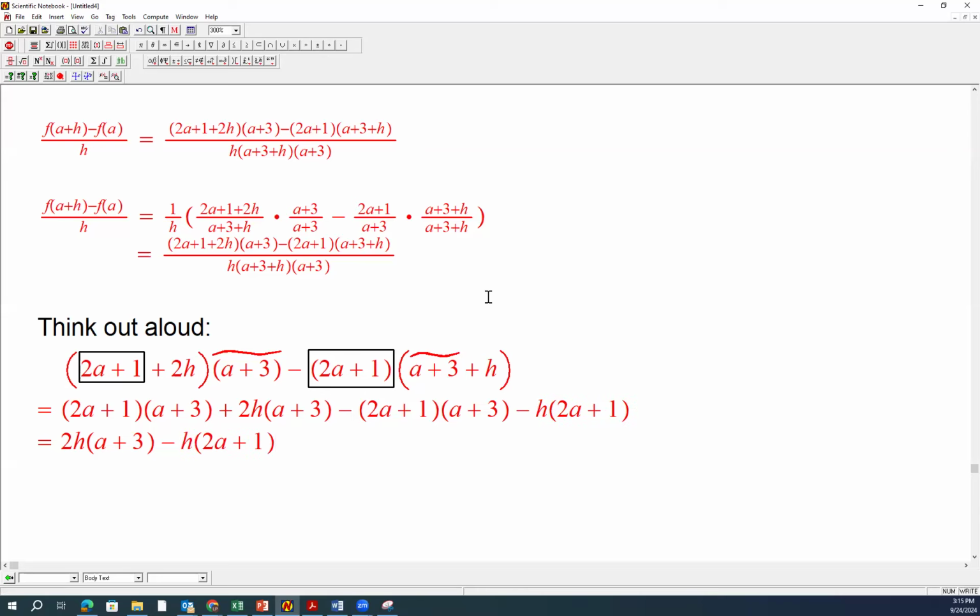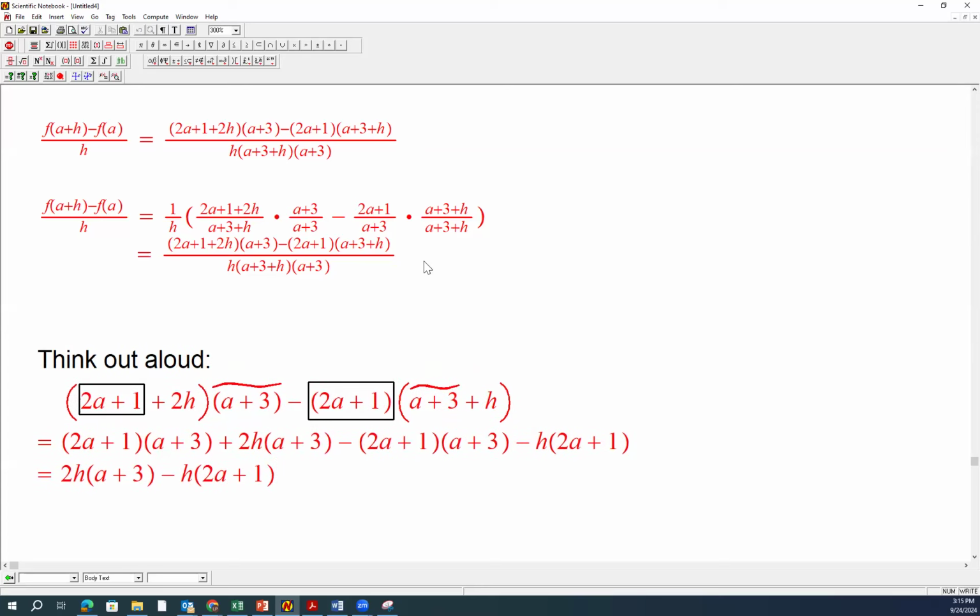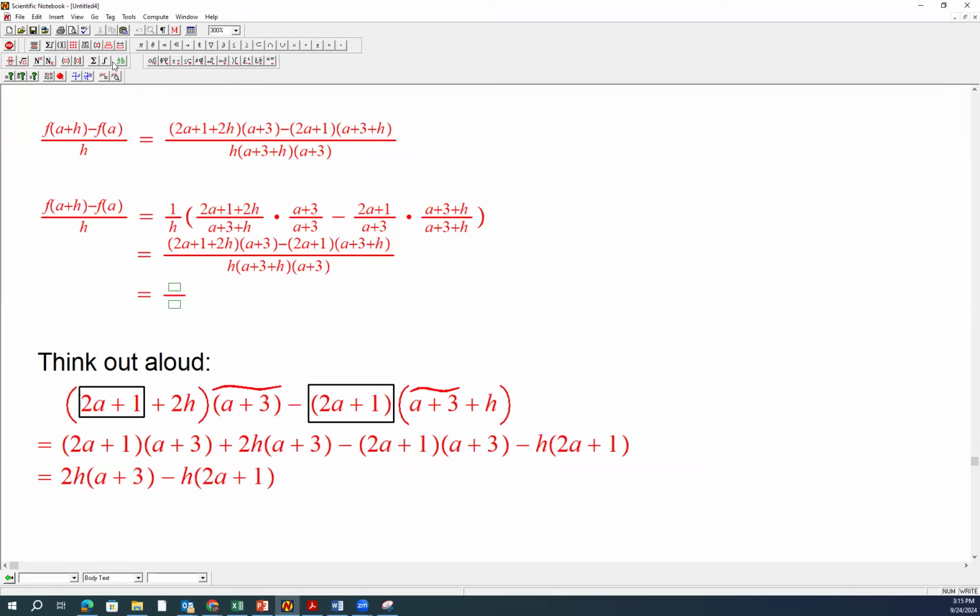That's one way to do it, and you get a simpler form. Either one of these you can work with for the next step. The numerator is going to be that. Hold on.